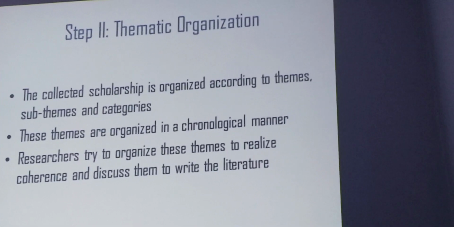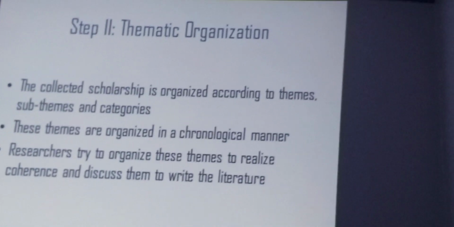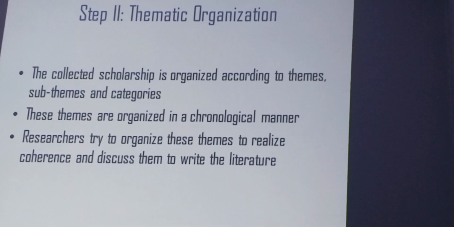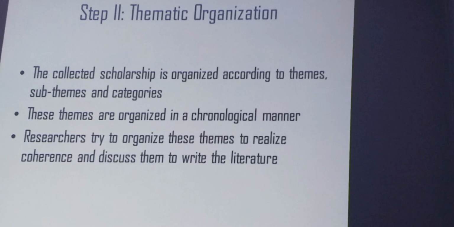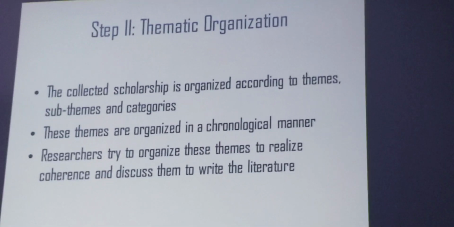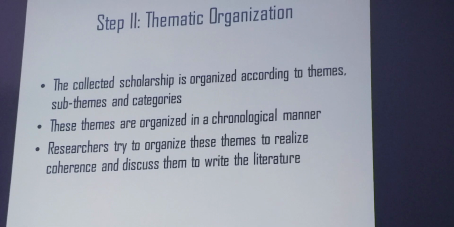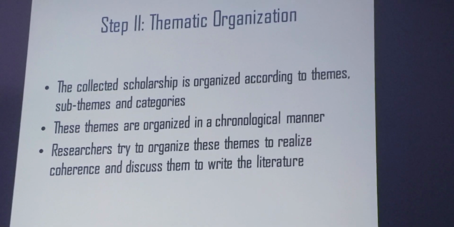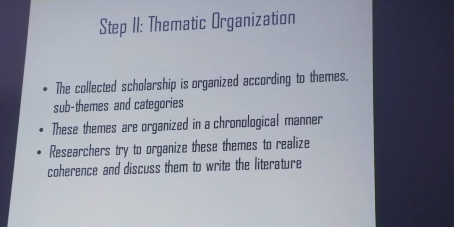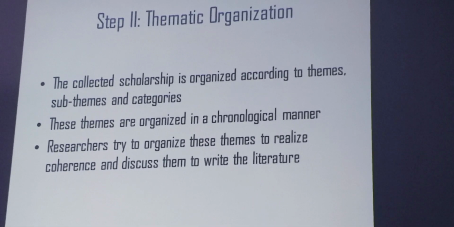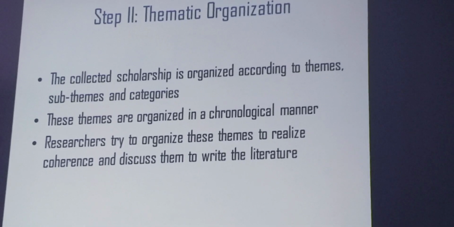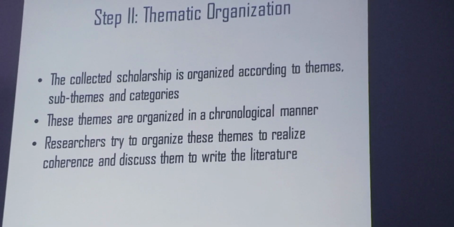So, as you can see here, we have categorized or organized these according to themes, then sub-themes, then categories. These themes are organized in a chronological manner. It means that you start from the important to the less important, or according to a chronological order of events in case of the field of civilization.